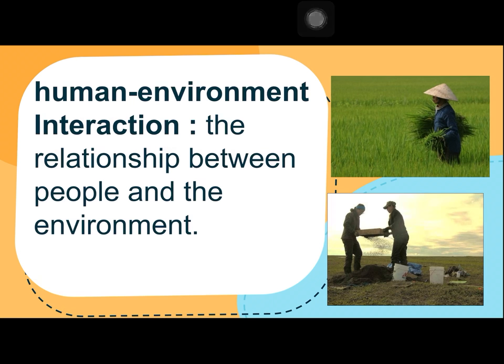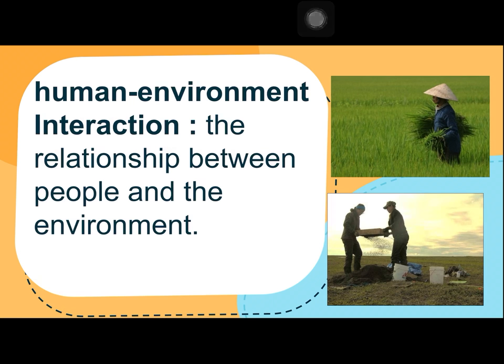We all have a relationship with the environment. Some people may have more of a relationship with the environment if you are a farmer or if you have a job in the future that is directly related to the environment. But even if you don't, we all have human interaction with the environment because we live in it every day.